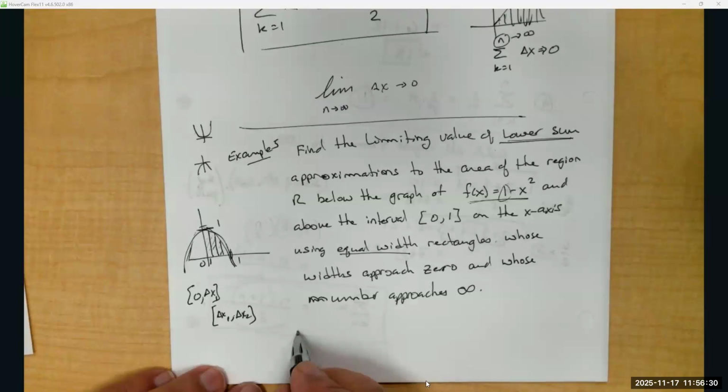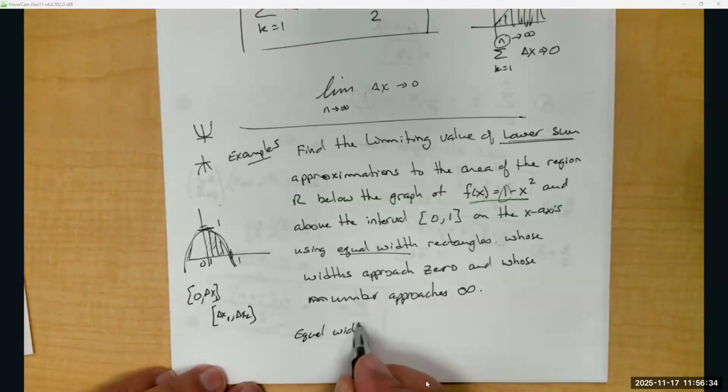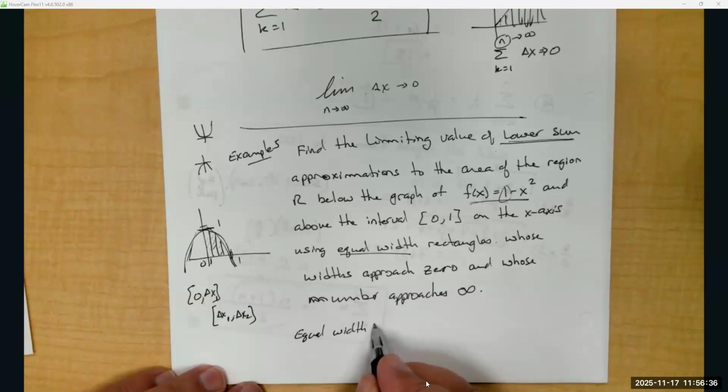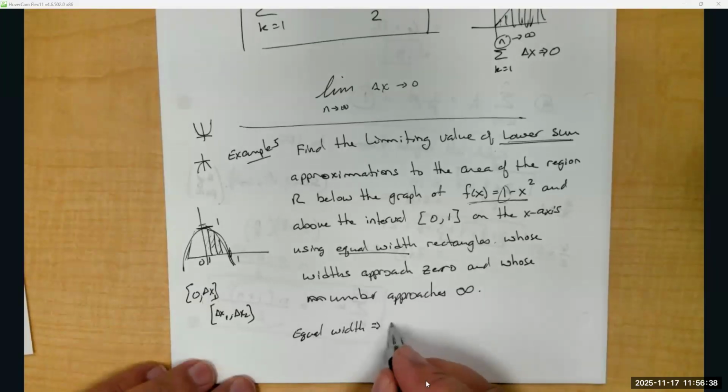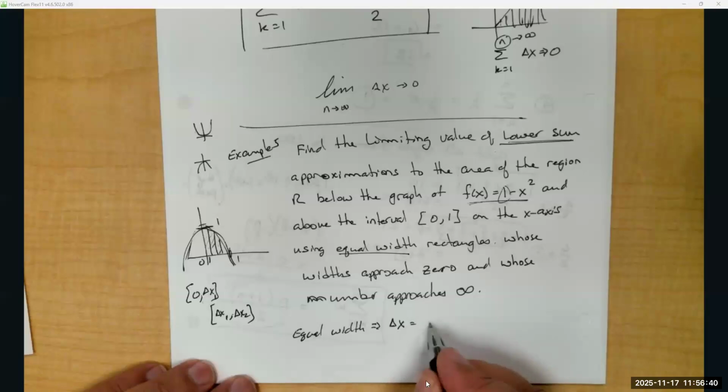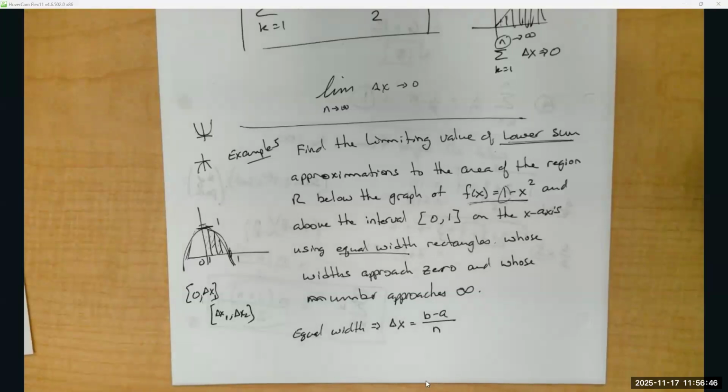Since it says equal width, that tells us that delta x is given by the formula b minus a over n over the entire interval of our domain.